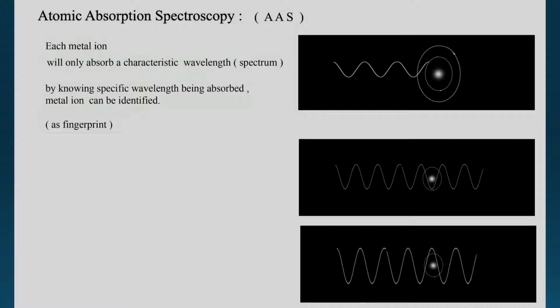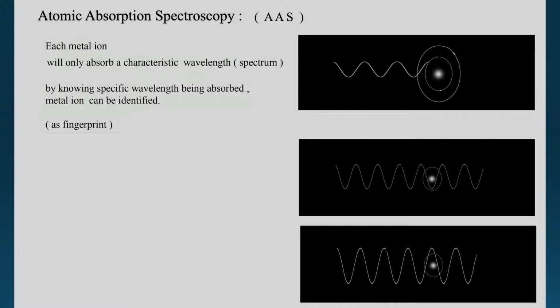By knowing the specific wavelengths that are absorbed, you can identify the metal ion. Each metal ion in the periodic table will only absorb its specific wavelength frequency. So A wavelength frequency will be absorbed by A metal.